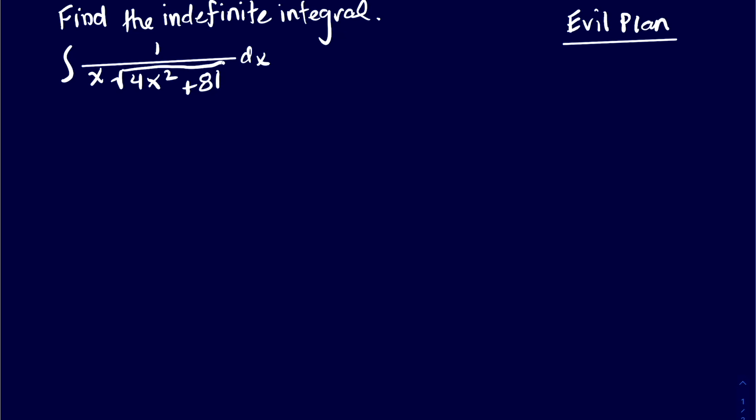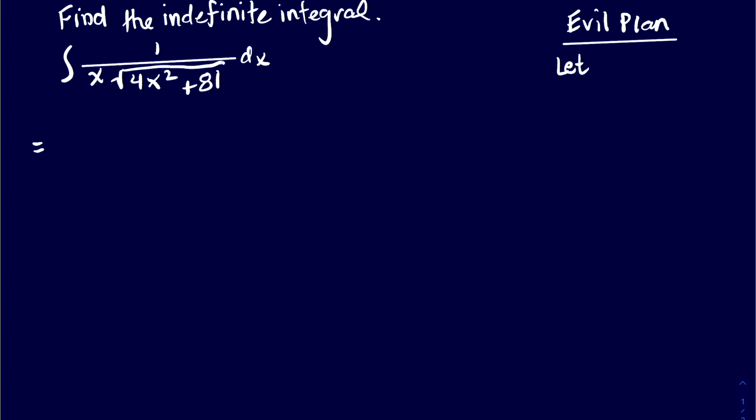If we take a look at, do you see that 4x squared plus 81 is equal to 2x, the quantity squared, plus 9 squared?